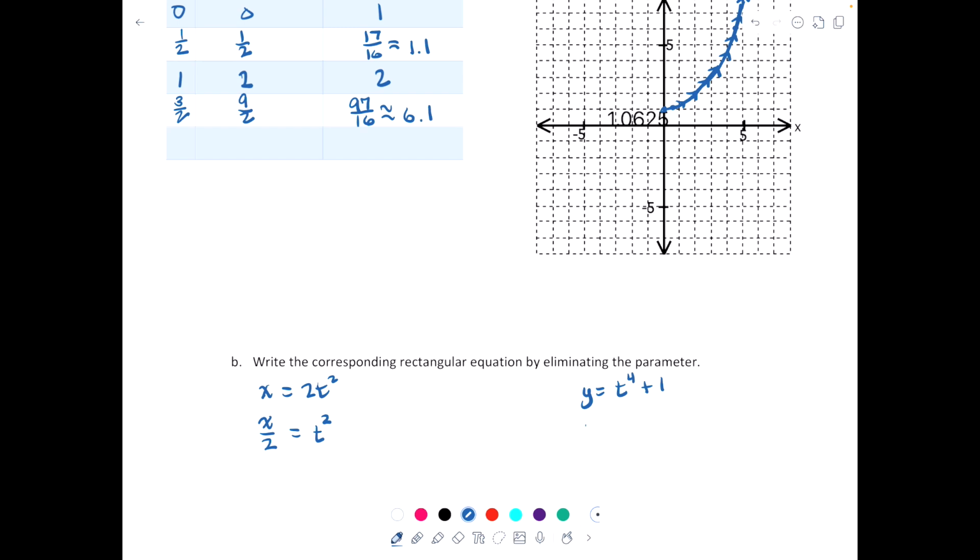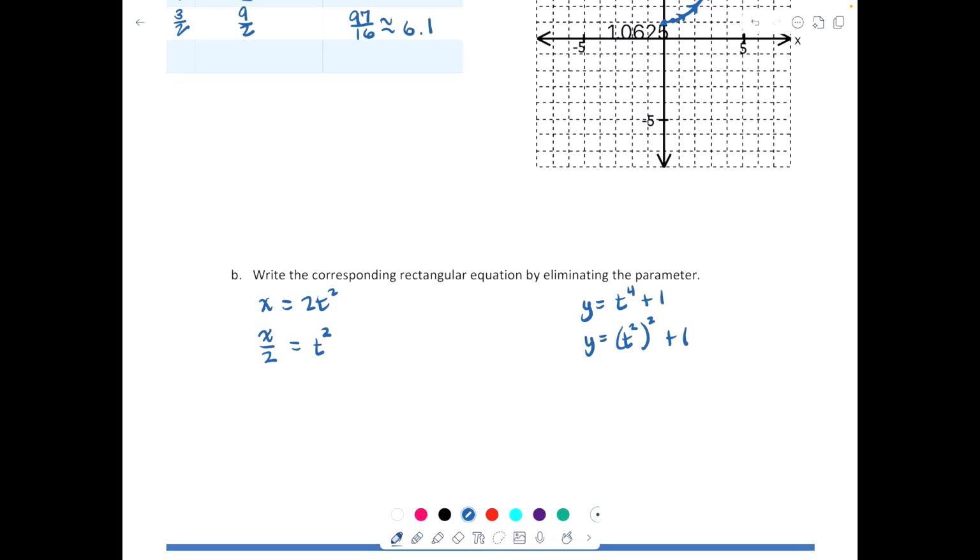So if I wrote y as t squared squared plus 1, and then I plug in what I found over there on the left side for x, which was x over 2, so t squared is x over 2, I'll have x over 2, the quantity squared, plus 1, which gives us y equals x to the fourth. Sorry.